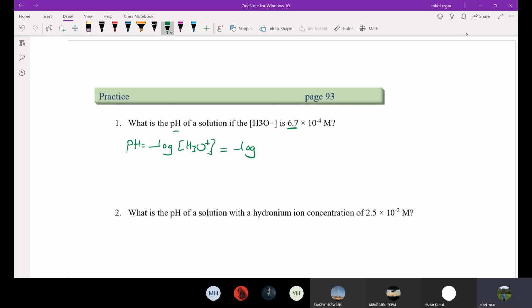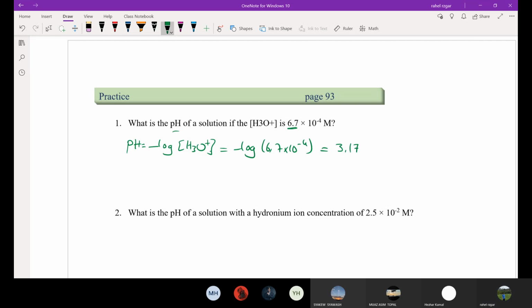But minus log of 6.7, as I said, please don't forget brackets. 6.7 times 10 to the power negative 4 equals 3.17, I think. Let me just check it again. Negative log of 6.7 times 10 to the power of negative 4. Yes, 3.17. That's it. It's done.